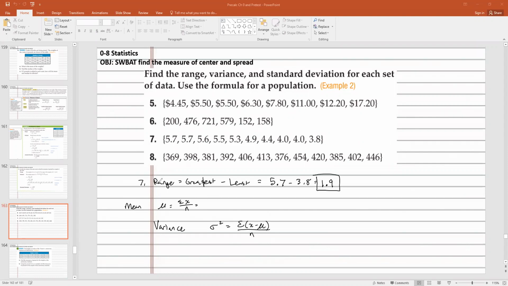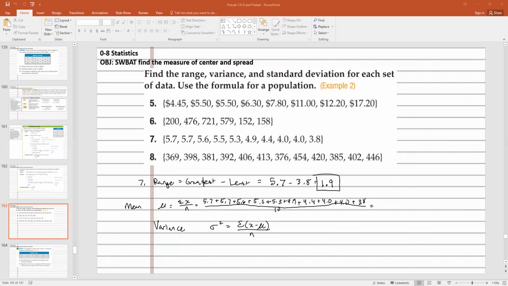So here we got 5.7 plus 5.7 plus 5.6 plus 5.5 plus 5.3 plus 4.9 plus 4.4 plus 4.0 plus 4.0 plus 3.8, all divided by, count how many numbers you have. 1, 2, 3, 4, 5, 6, 7, 8, 9, 10. So it's going to be 10 numbers there.